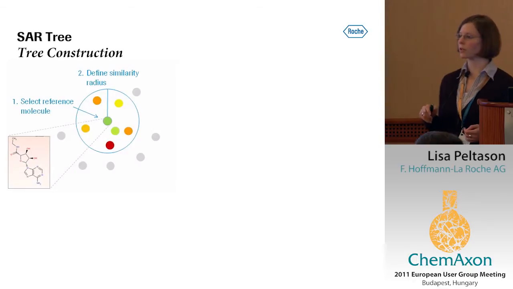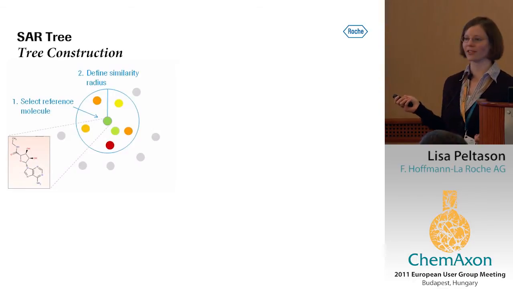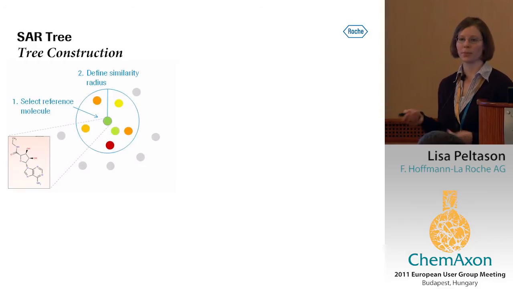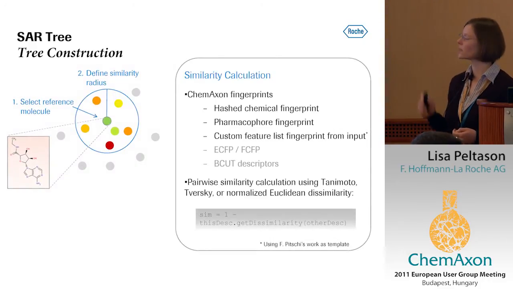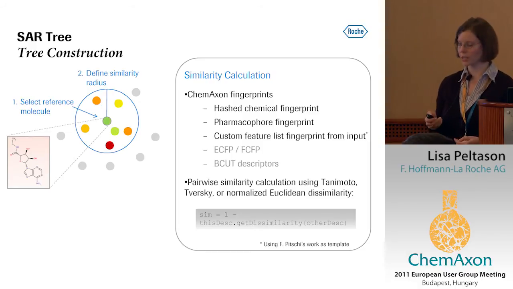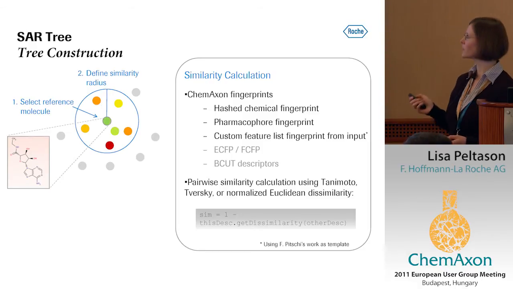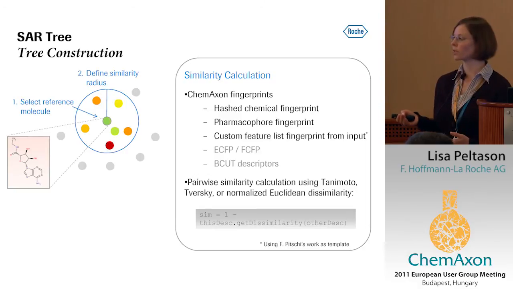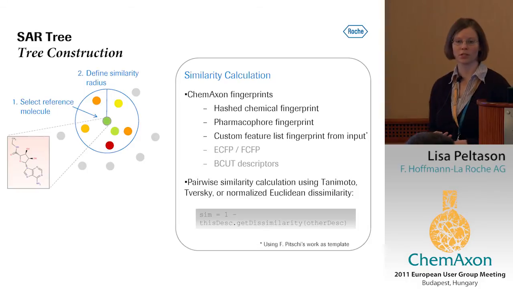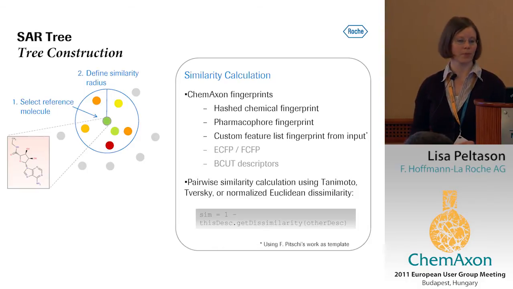Of course, for doing this kind of calculation and for the entire tree construction, we need to calculate pairwise similarity coefficients, and this is one thing where we heavily rely on ChemAxon functionality. As a default, we represent the molecules via the hashed chemical fingerprint, which provides a topological similarity measure.